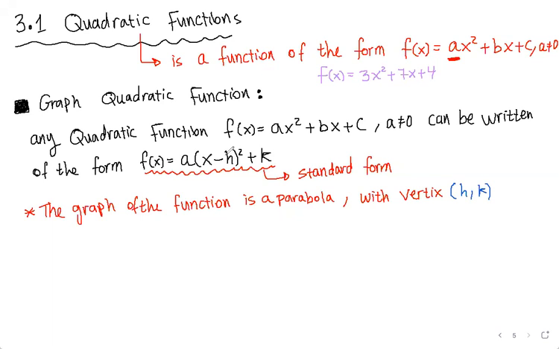What is h? This one. What is k? This k. H and k is the vertex of the parabola.